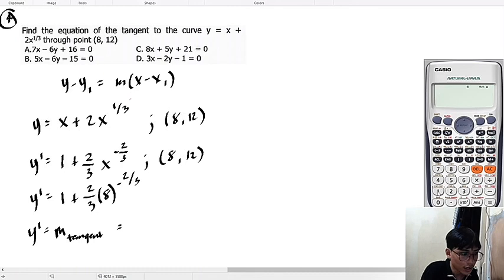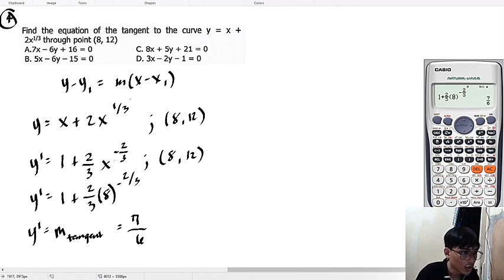We have here 1 plus 2/3, then multiply by 8 raised to negative 2 over 3. So we have here 7 over 6.